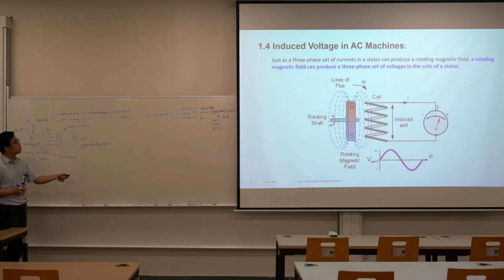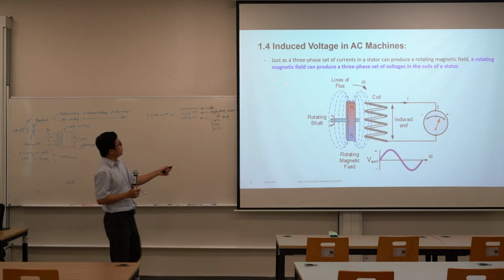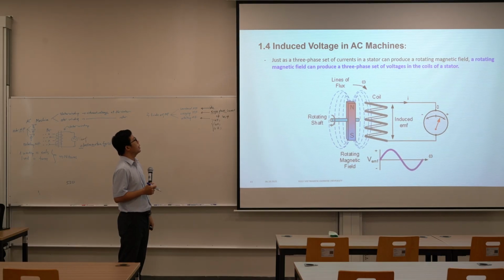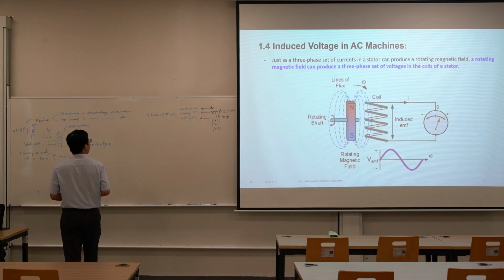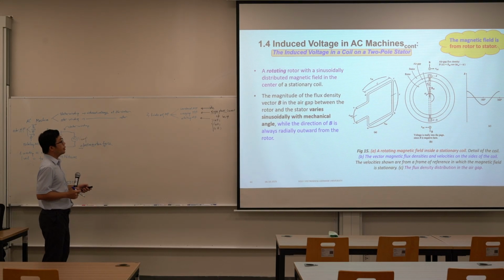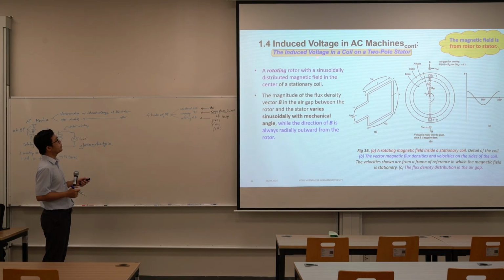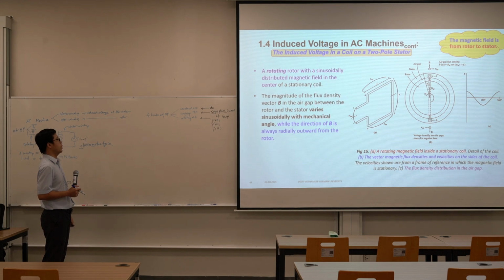A rotating magnetic field can produce a three-phase set of voltages in the coils of a stator. Last week we also discussed the induced voltage in a coil on a two-pole machine.